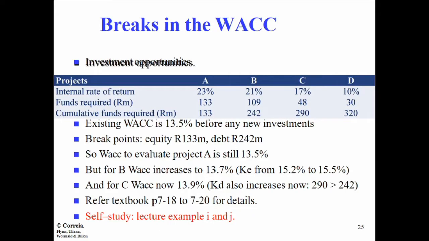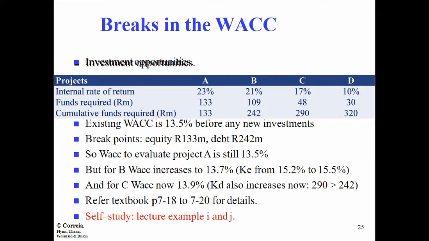So project A, B, and C will be accepted, but the WACC will vary slightly because of the increase in funding needed. So the WACC of the first 133 million investment will be 13.5%. The WACC used to discount the cash flows of project B will be 13.7%, as only the cost of equity has increased.